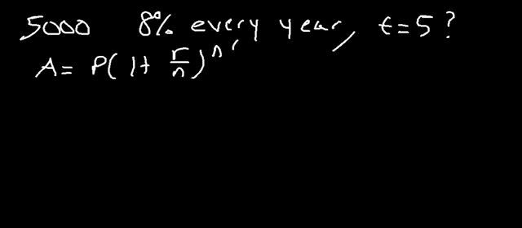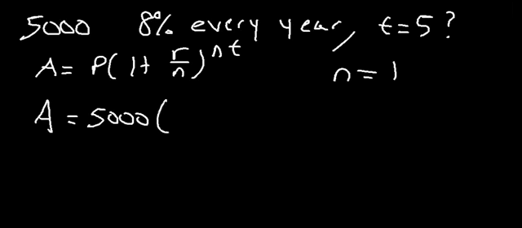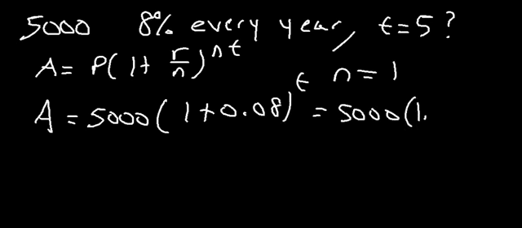Now, because the population grows 8% every year, you can view it as compounding annually, and for annually, n is 1. So you don't have to worry about n. So P is 5,000, that's your initial population. R is 0.08, but you've got to add 1 plus 0.08, and then it's raised to the t. So basically it's 5,000 times 1.08 raised to the t.